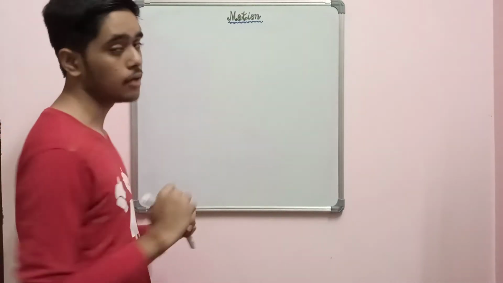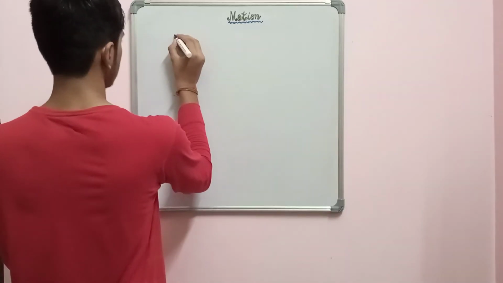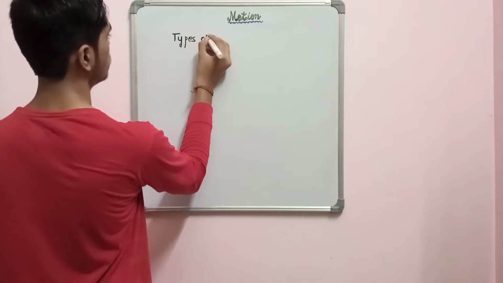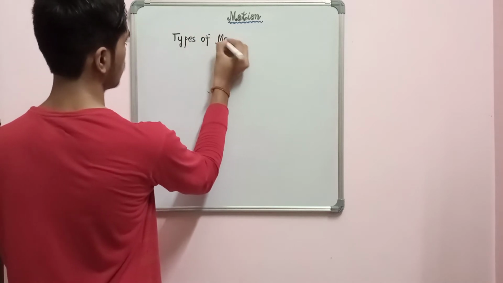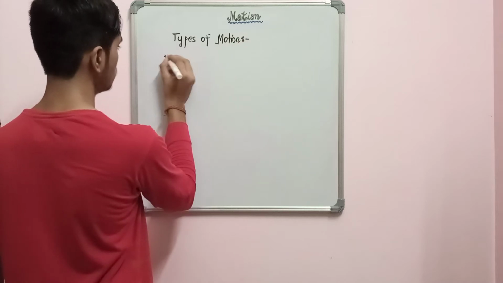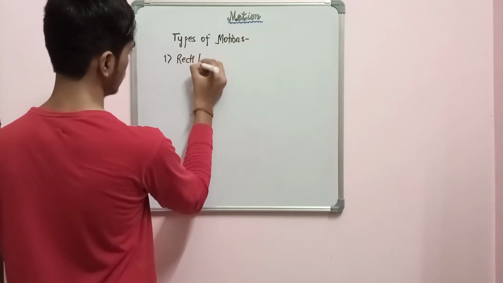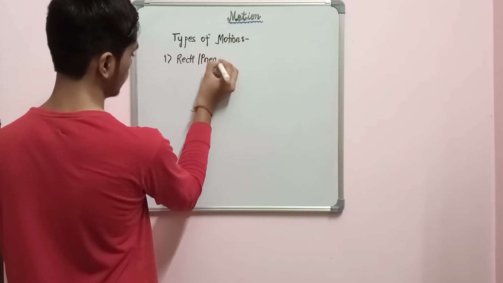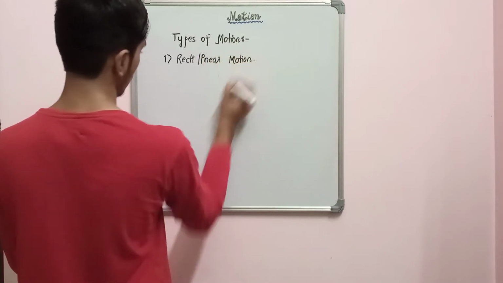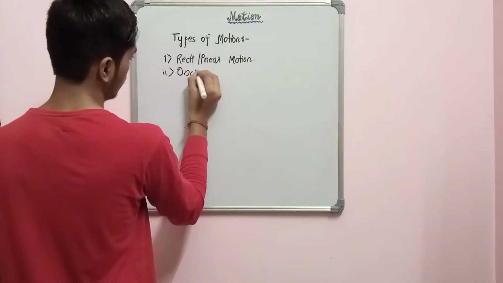I told you that I will actually discuss the types of motion today. Now, how many types of motions are there? First is rectilinear motion. Another is oscillatory motion.